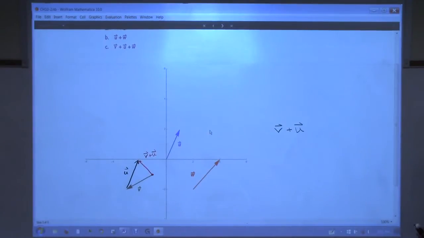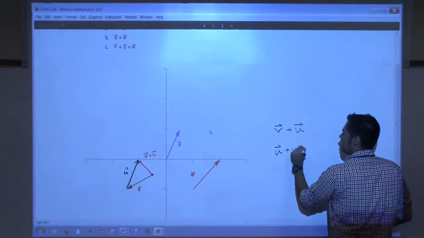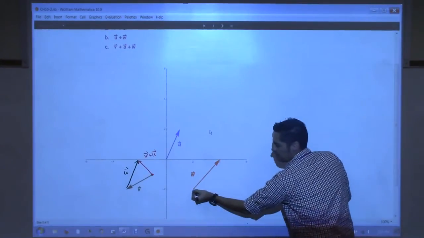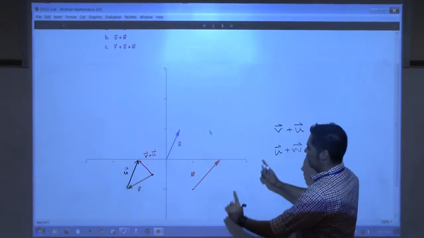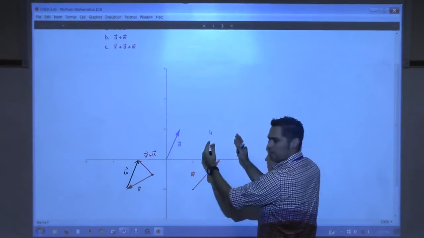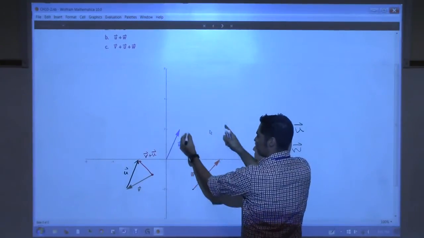The next one is u plus w. So I'm going to leave u where it is. I'm going to take the w vector and attach the tail of w to the tip of u. So I just need to move it up and then over. I can go up, down, left, right. I just can't turn it, because then I change its direction.